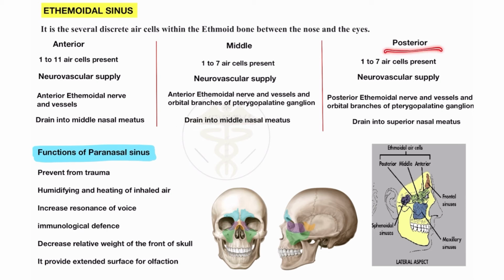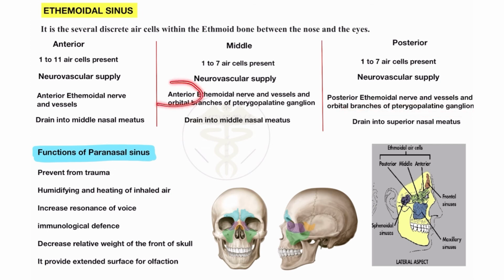But the posterior ethmoidal sinuses and the sphenoidal sinuses drain into the superior nasal meatus. Please learn, this is very important, drainage of the ethmoidal sinuses. The posterior ethmoidal sinuses also have 1 to 7 air cells, and the neurovascular supply is by the posterior ethmoidal nerve and vessels and the orbital branch of the pterygopalatine ganglion.